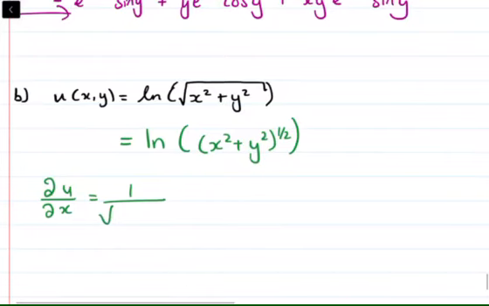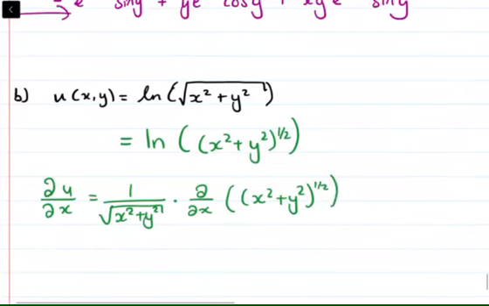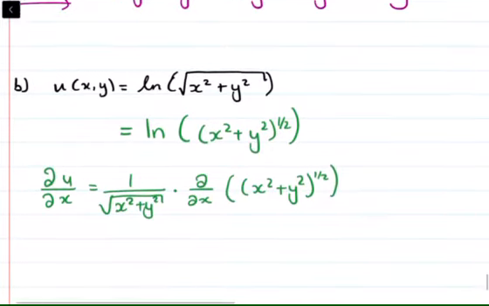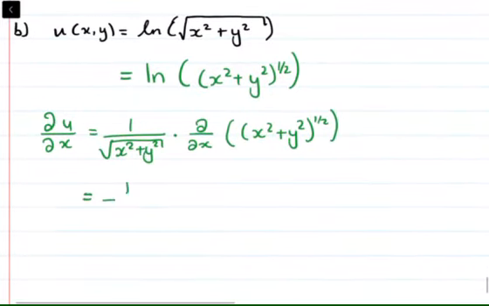Then this is 1 over the function multiplied by the partial derivative with respect to x. Remember that this is chain rule of x squared plus y squared to the power of a half, right? And then this becomes 1 over the square root of x squared plus y squared times. Now let us differentiate this one.